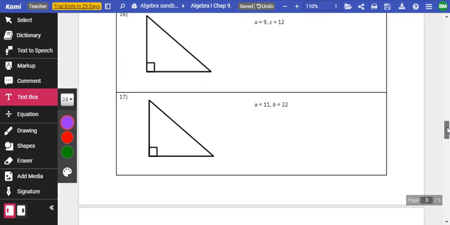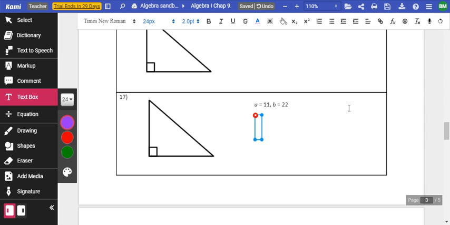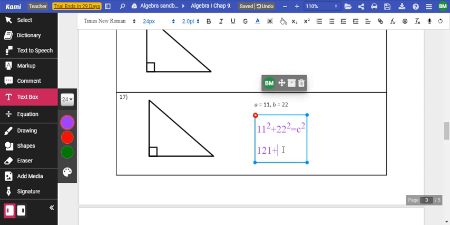We're going to skip to number 17. This one we've got 11 squared plus 22 squared equals c squared. So we get 121 plus 484 equals c squared.